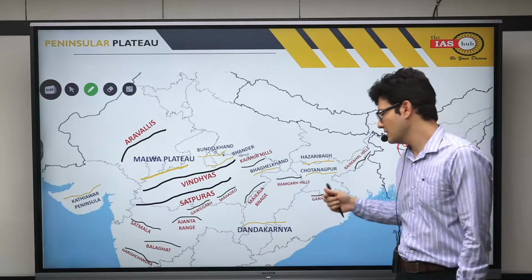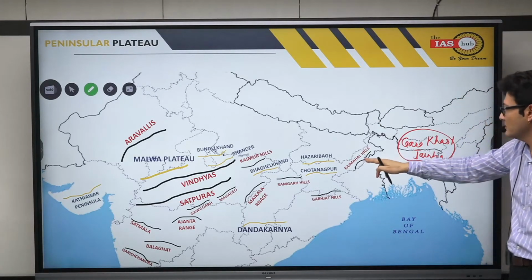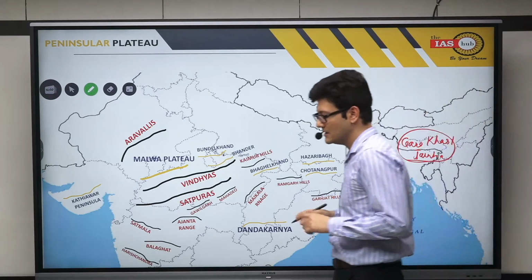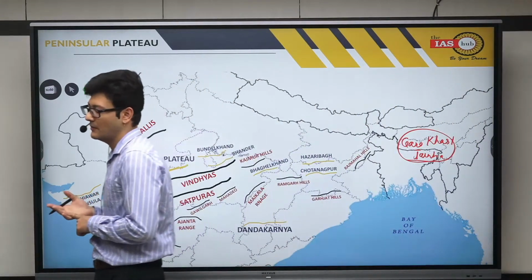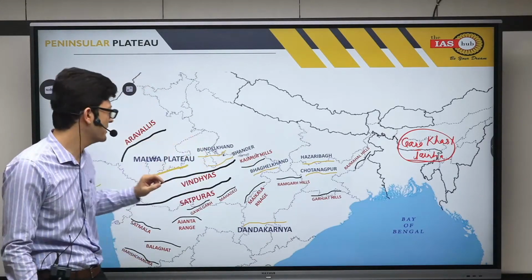We'll be dealing with it in the subsequent slides also. But there is a gap between Rajmahal Hills and the Garo Khasi Jaintia Hills, and Garo Khasi Jaintia Hills form a part of the Meghalaya Plateau, which is also an extension of the Chota Nagpur Plateau itself.